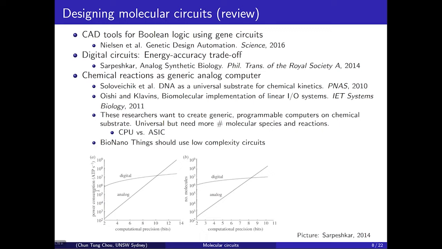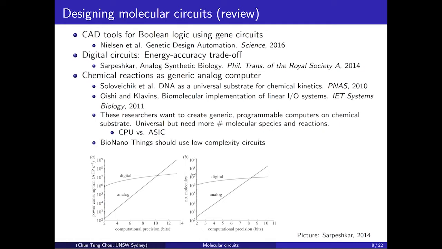Let's look at the graph at the bottom here. On the horizontal axis, I have computation precision. On the vertical axis, I have power consumption. There are two curves here, one for digital, one for analog. What it says is that if the precision we need is just 1 or 2 bits, then an analog circuit is going to consume a lot less energy compared with a digital circuit.